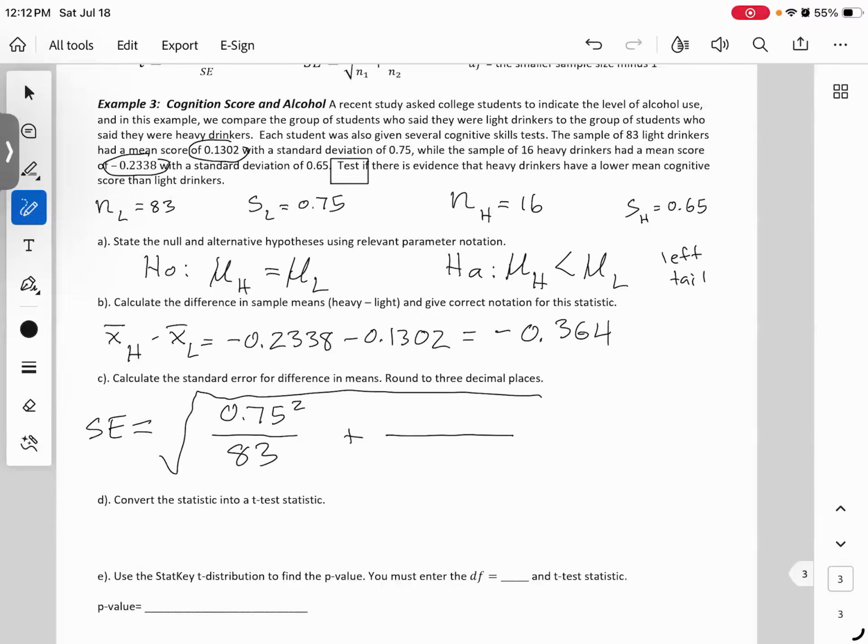And then for your heavy drinkers, they had a standard deviation of 0.65 squared over sample size 16. Again, try this. Right now is the time to be trying. Now and in your homework, so whenever you get to the test, you feel really comfortable with putting this into your calculator, and you should get 0.182, if we're rounding to 3 decimal places.